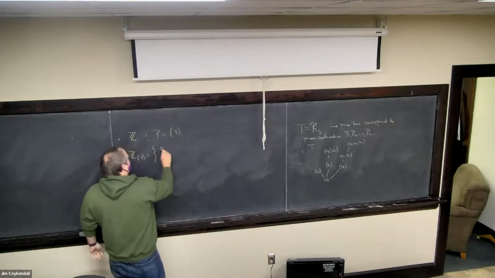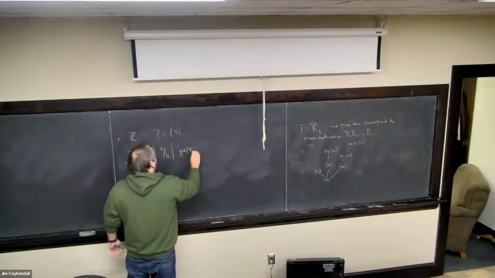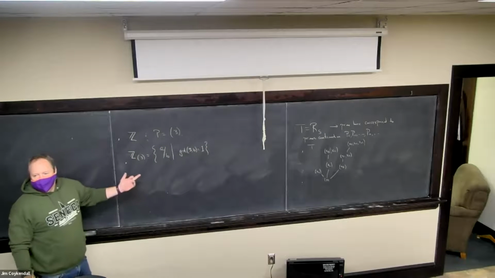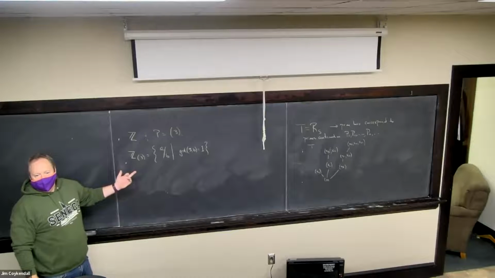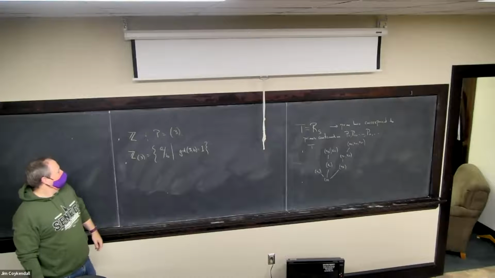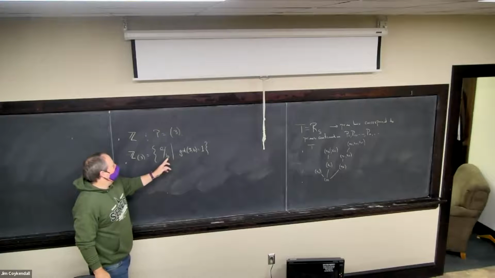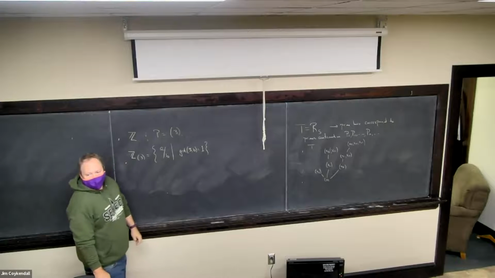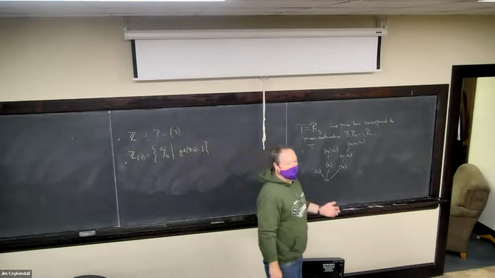So this looks like fractions a over b, where you're allowing denominators as long as they're not multiples of 3. Because what I want is for b to not be in this ideal, so I want the GCD of 3 and b to be 1. And then a can be any integer. The numerator can be anything in the range.